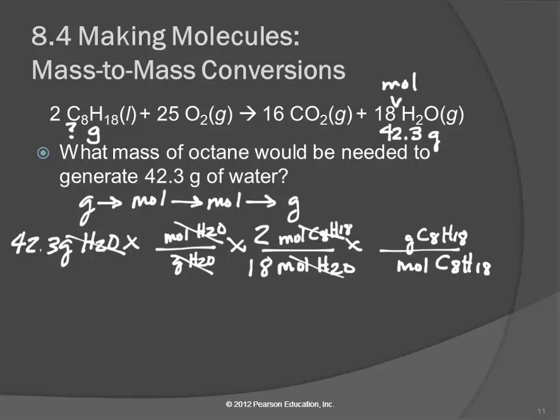It could be either one. Or it could be 18 dozen water molecules. That's just not a real useful unit to chemists. Although we still buy our bagels by the dozen. But so over here, mole. So it's 2 moles of octane gives 18 moles of water, and that's where that conversion factor comes from.